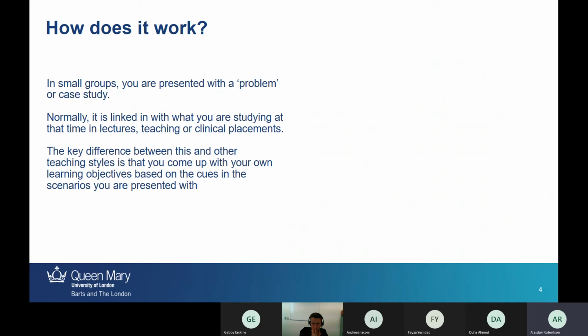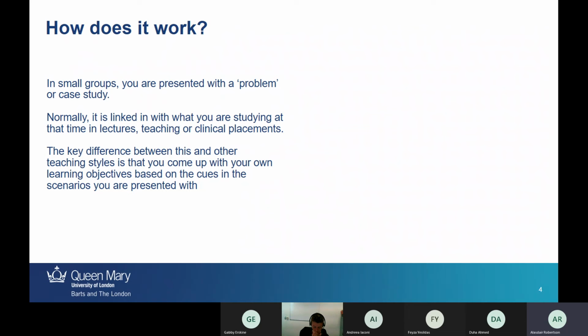So it will enhance the teaching that you're taking part in. For example, you could be learning all about the cardiovascular system and you have a problem linked to the cardiovascular system.